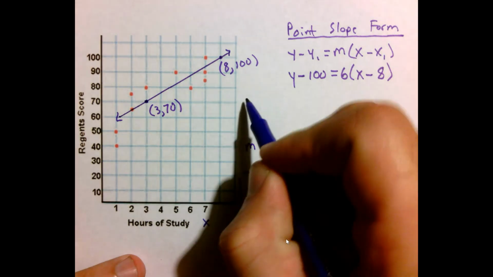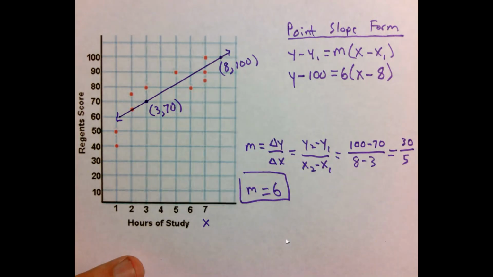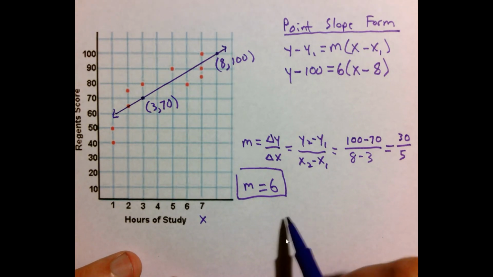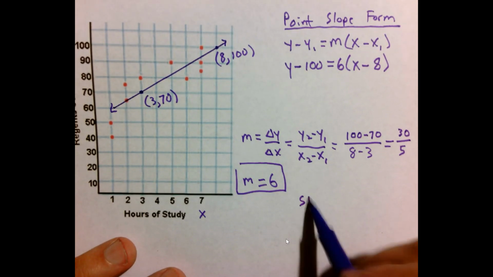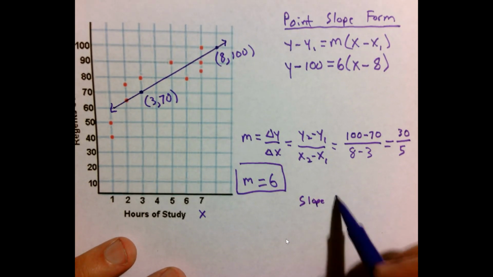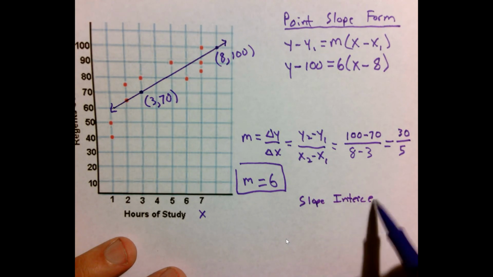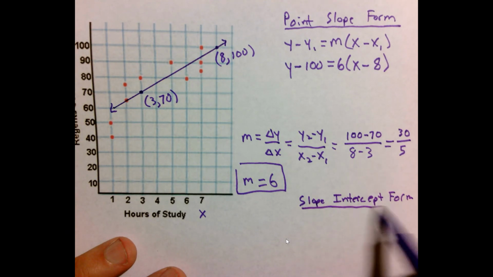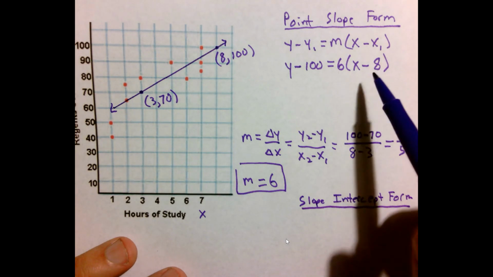Or I can go with my slope intercept form, which is solving for y. So taking my point slope form, now I'm going to use slope-intercept form. That is, I'm going to solve this equation for y.